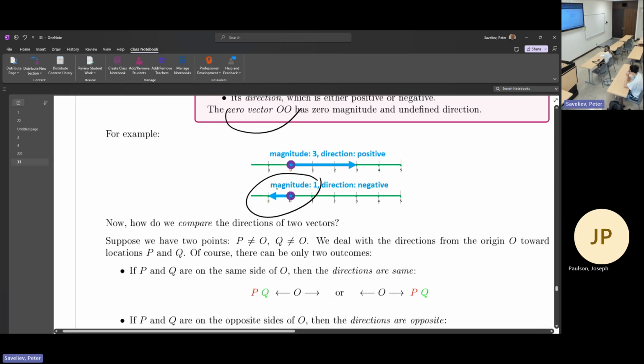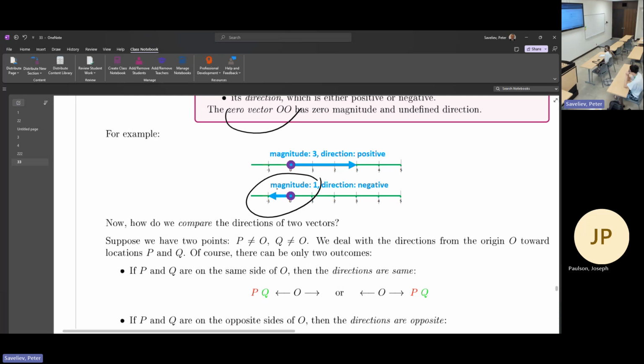So once again, how do we compare? We just solved the problem, but let's do it in a slightly harder way. The endpoints of the vector could be both to the left of zero or both to the right of zero, which means the directions are the same.